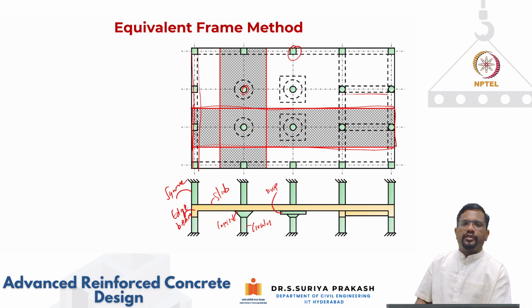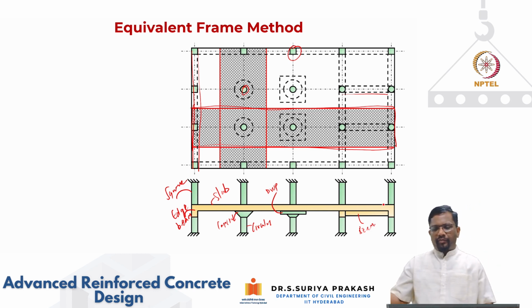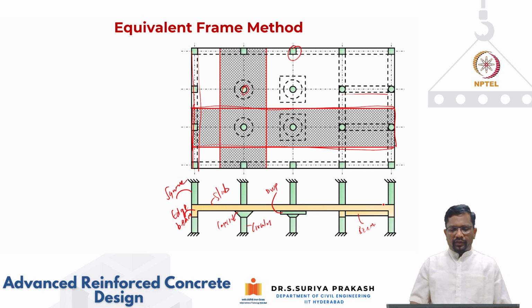And at the next support, you have a transverse beam running perpendicular to the plane that we are seeing. In addition to that, this is a proper beam that we have. So for the same frame, your supports are changing quite a bit.